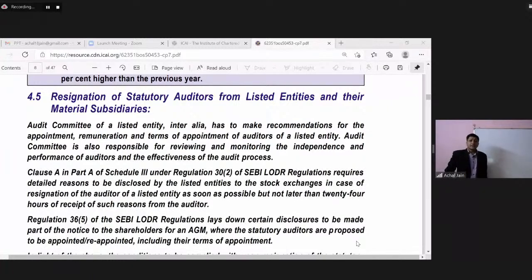Now, if we look at the requirements, all the auditors are required to express their opinion on the financial statements or the financial results, depending on the scope.